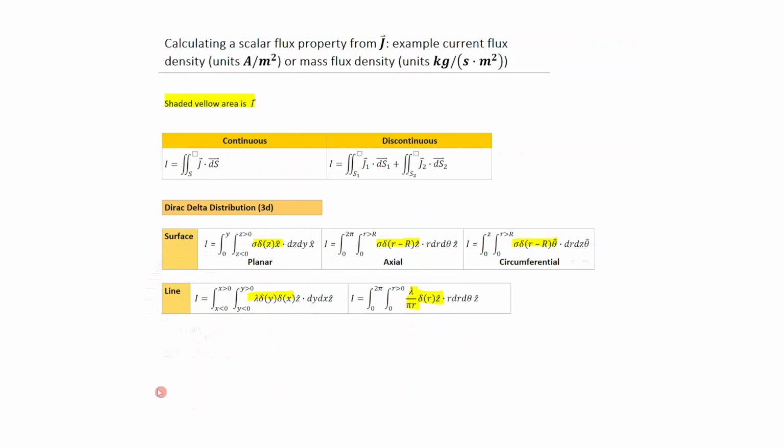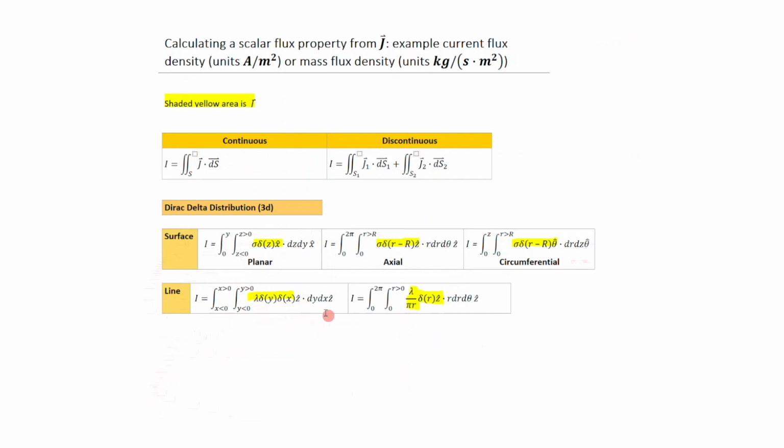Okay? For the case of a line, if we're dealing with Cartesian coordinates, and we have a current flowing in the z-hat direction, then this would represent the current flux density. And it's along z, so this could potentially be a function of z, but typically if symmetry is applied, this is a constant value.